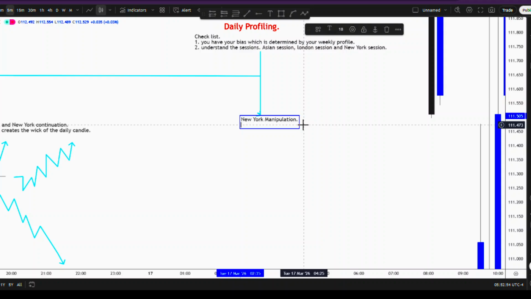So in case of a bullish case, we have London session consolidates, our sideways movement of price during the London session, and then New York manipulates the range low because it's a bullish case. So it will manipulate the low of the consolidating range.